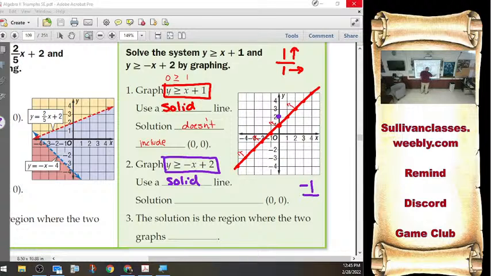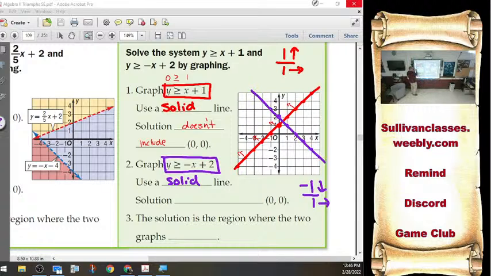Negative 1 over 1. I put it over 1 as a fraction. Down 1, right 1. Down 1, right 1. Use those arrows. So from here, down 1, right 1, down 1, right 1, down 1, right 1. Up 1, left 1, up 1, left 1. It's a solid line, so solid line it is.